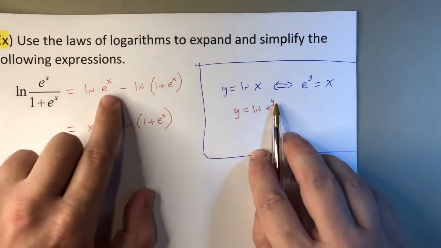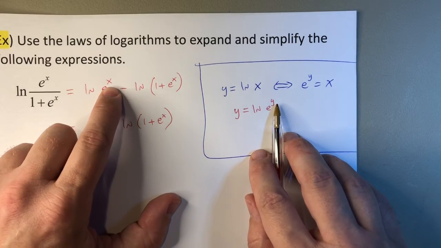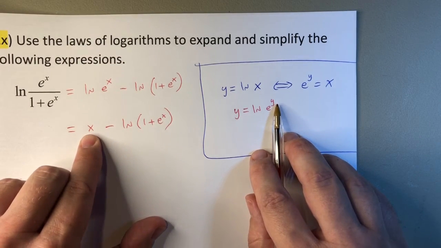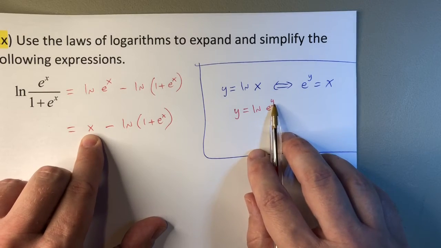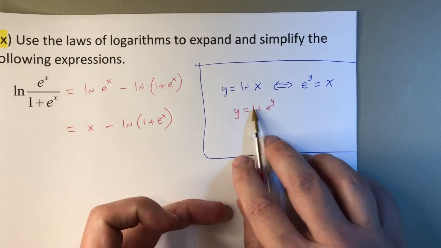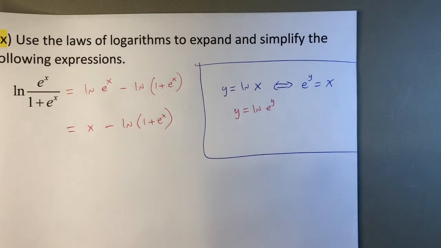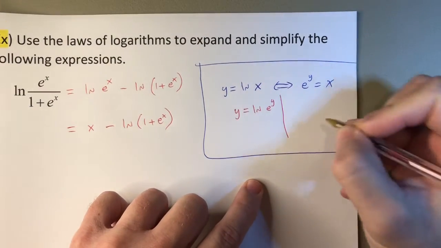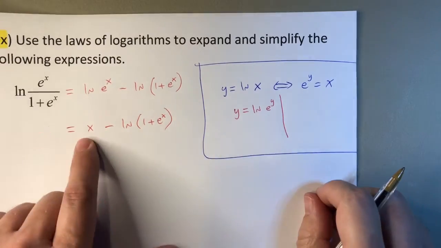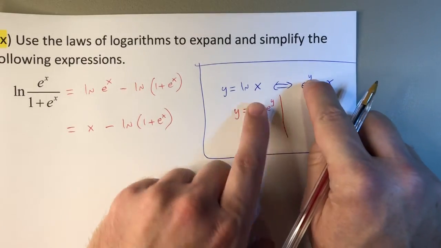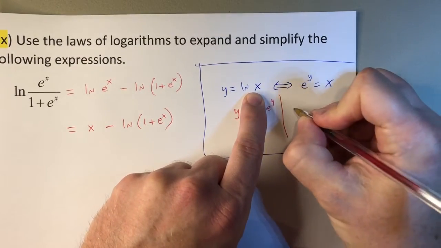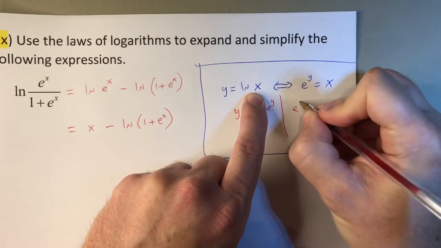Look, whatever was in the exponent position here, that's what you get. Exponent position here, what's there? A y. What's this equal to? y. Okay? So there's another one as well, but this is the one we just used in this example. The other one would be replace y with what it's equal to. So this would be e to the, what's y?